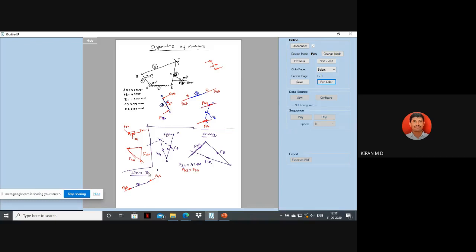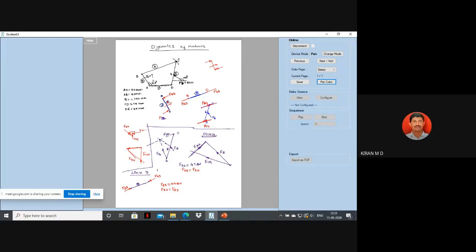By using this concept, I got the direction, opposite and collinear, so I got the F23 direction also. So from this figure, F23 is equal to 47.8 Newton. Similarly, F32 is equal to F23.